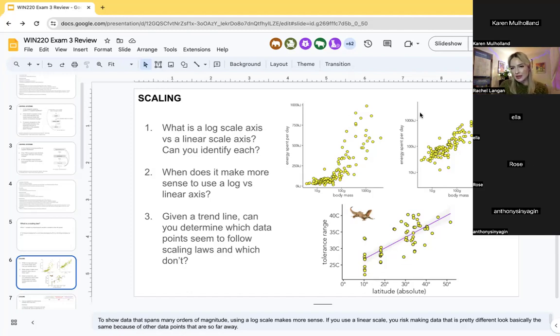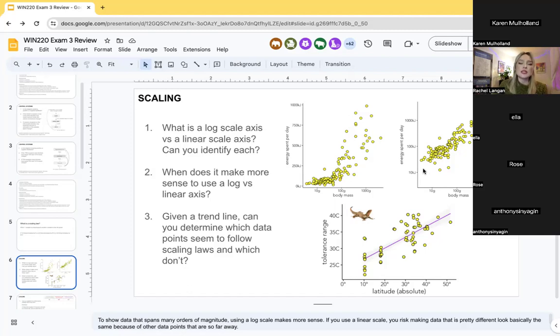If you look at this graph here, if I were to draw a line through this data, and then I asked whether these 2 points were outliers, I would say, yeah, those are more of outliers than these are, because the majority of the points are going to follow that linear line.